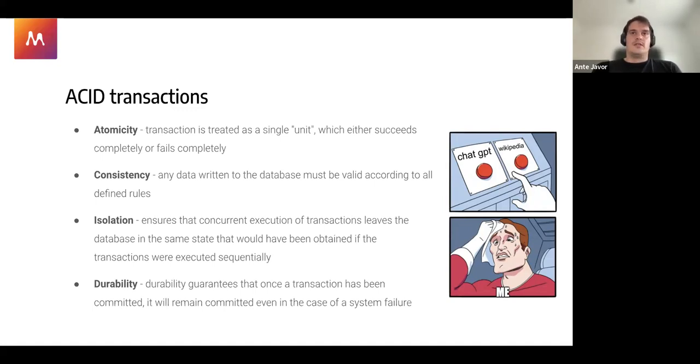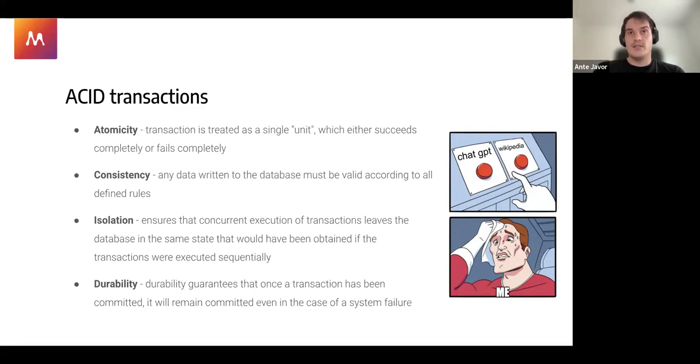Isolation is essentially the thing that we are going to talk about today. If you read the description of the presentation, it ensures the concurrent execution of transactions. But why is that important? Because when you are running transactions concurrently, there are a lot of things that can mess each other up. You start writing to some nodes in graph databases from multiple threads, and things can go messy quite fast.